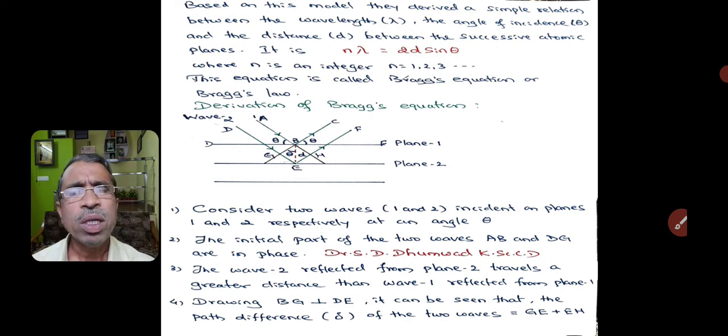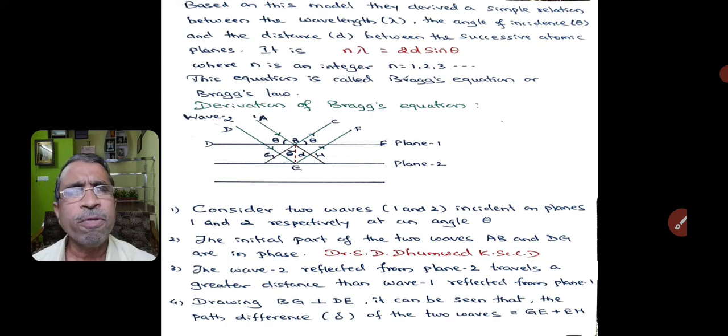Now let us study how the derivation of Bragg's equation can be done. Go through the diagram very carefully. You have plane 1 and you have plane 2. In this, a beam AB strikes on plane 1 and another wave DE strikes on plane 2.